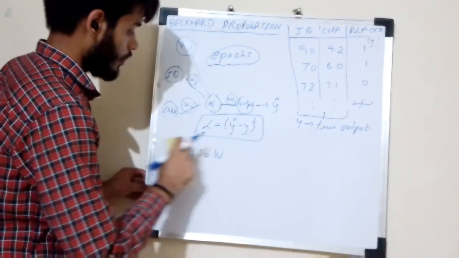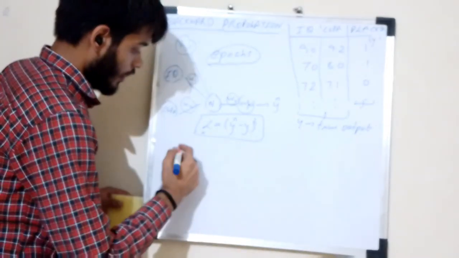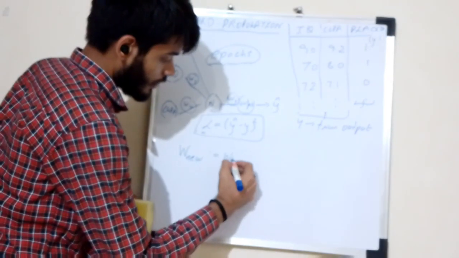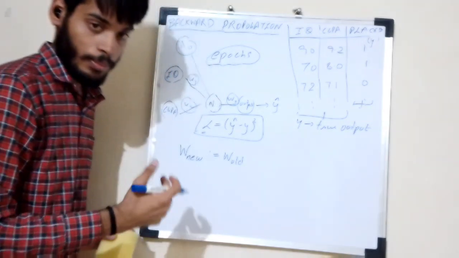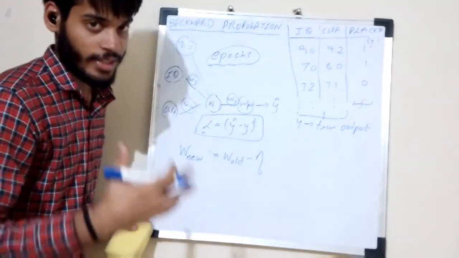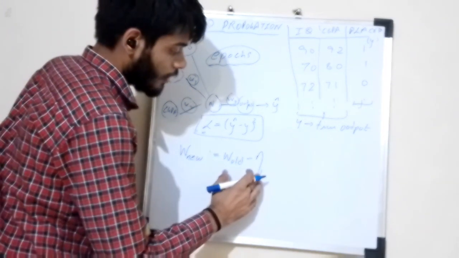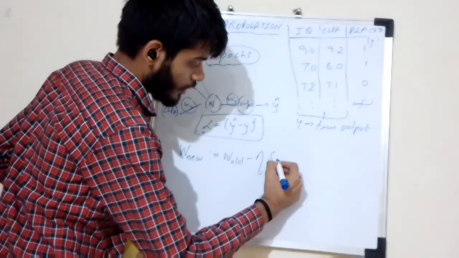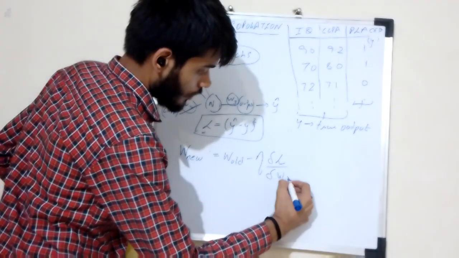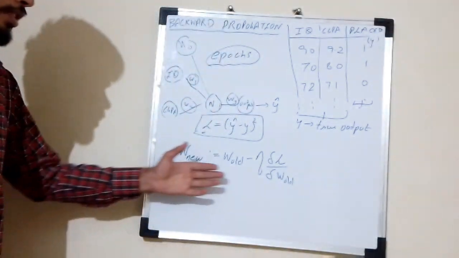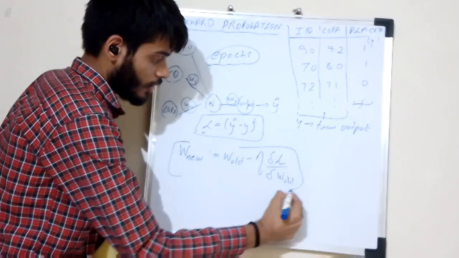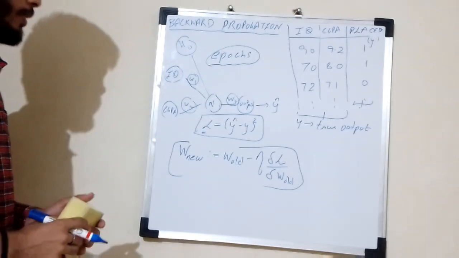So W new will be such that we update W old: W old minus the learning rate into the derivative of the loss function with respect to that particular W old. I'll be talking in depth about what this is. So this is how our new weight gets calculated.